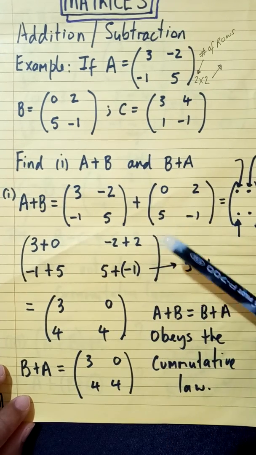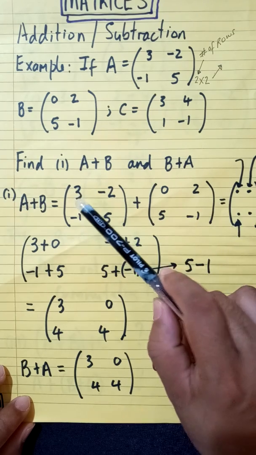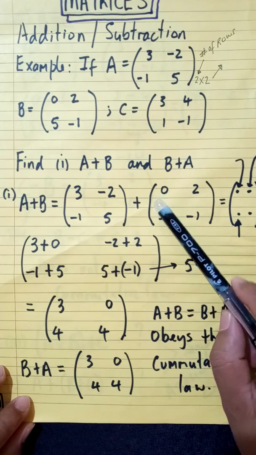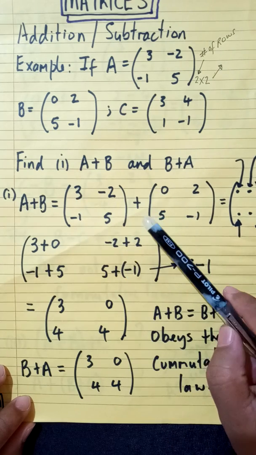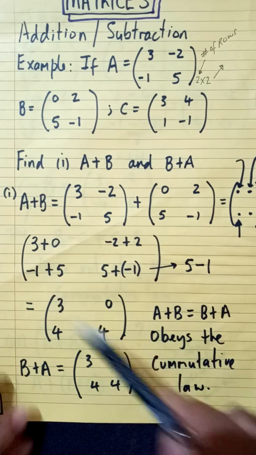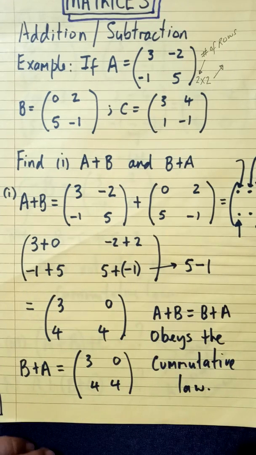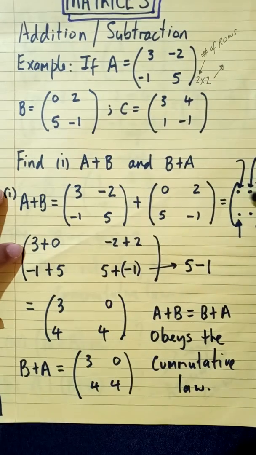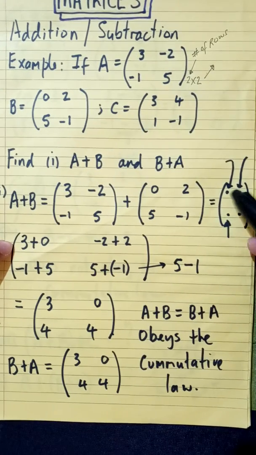How we add matrices is we add this entry with this other entry. So the 3 and the 0 correspond. It's 3 plus 0, and the 3 plus 0 will give you this element here.